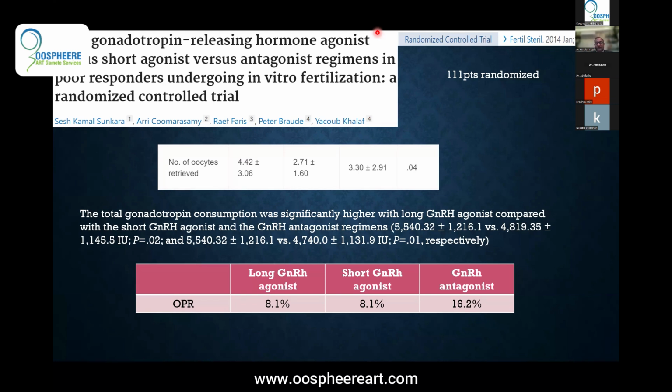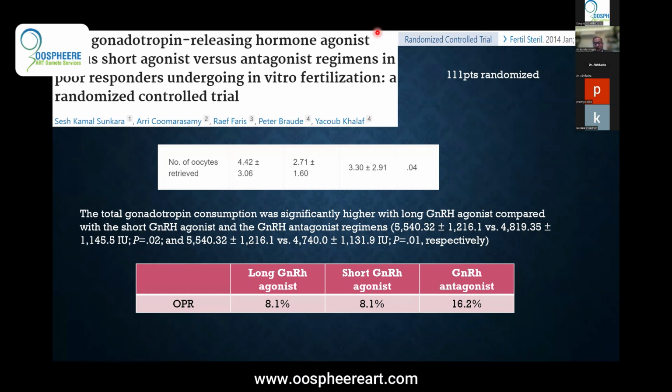When we compared the ongoing pregnancy rate, long versus short agonist, it was the same. What it tells us is that we can use long agonist usually because it gives us more oocytes, and there is no harm to ongoing pregnancy. It is the same in both protocols. That's why we commonly use the long GnRH agonist protocol.